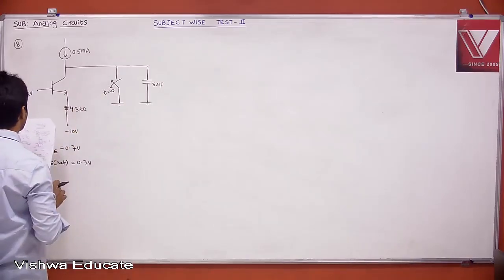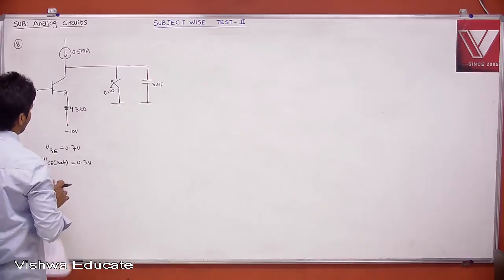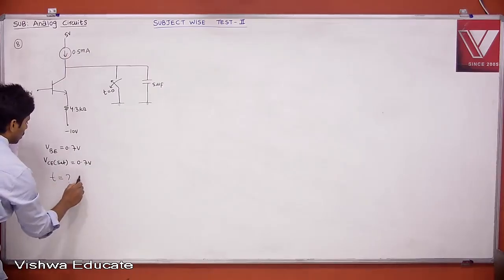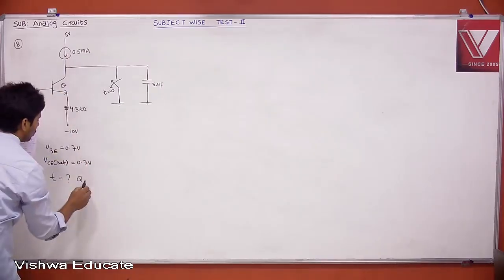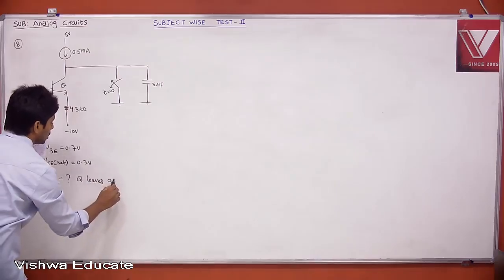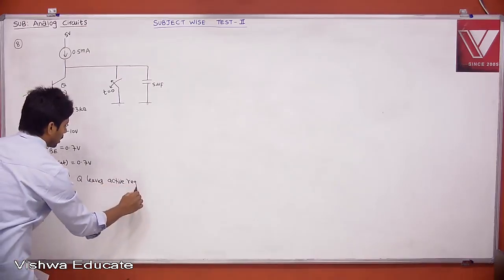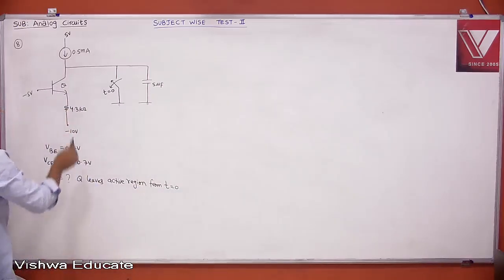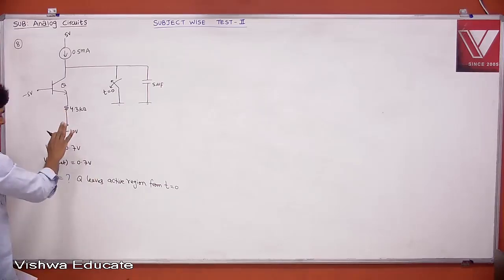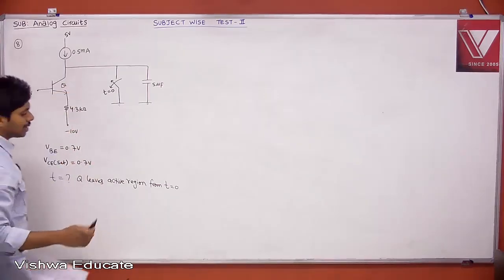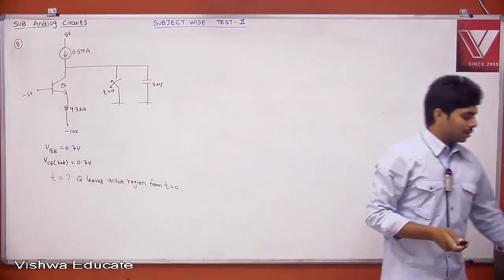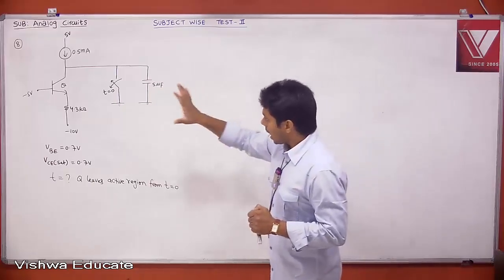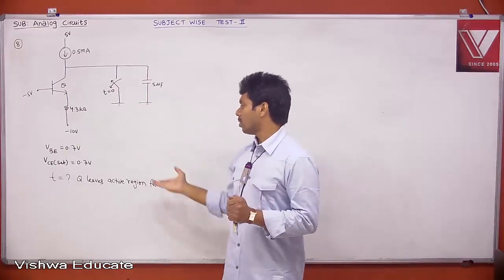Then find the time t at which transistor Q1 leaves the active region from t is equal to 0. Means the moment when you open the switch, it will take some time. After some time, it will come out of active region and enter some other region. Therefore, indirectly it is saying that before opening the switch it is in active region, and then it comes out of active region. That is what he is saying.